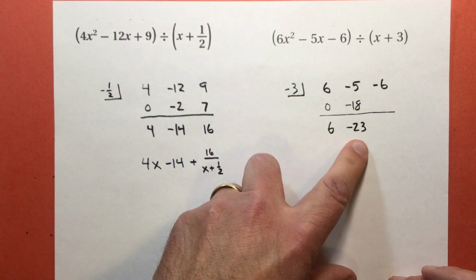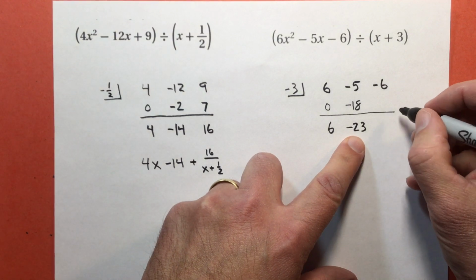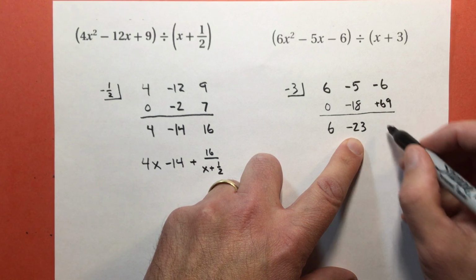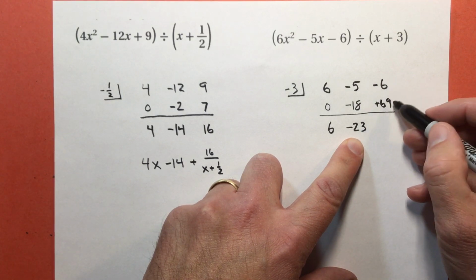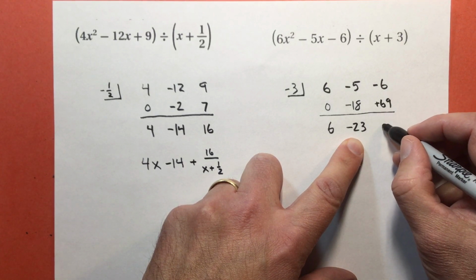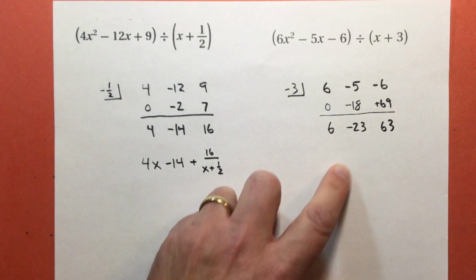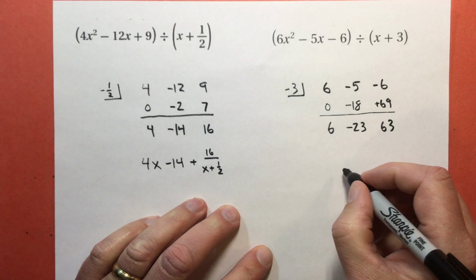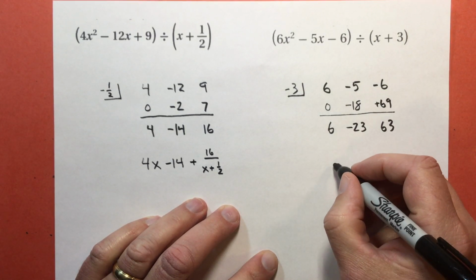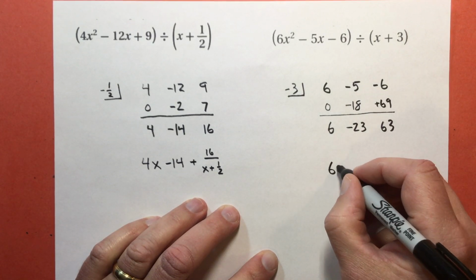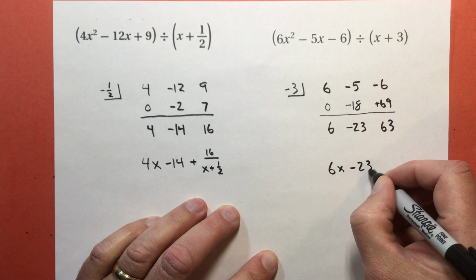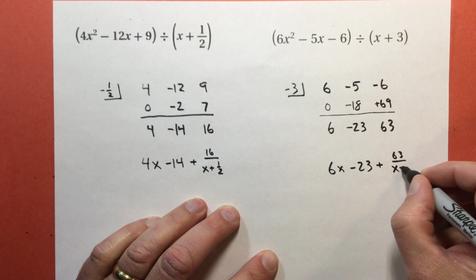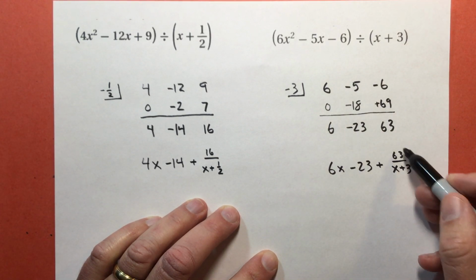And negative 3 times negative 23 should be positive 69, I think. And negative 6 plus 69, I think, is going to be 63. So my quotient, the polynomial, is going to be 6x subtract 23 plus my remainder over the x plus 3, written as a fraction for the last part.